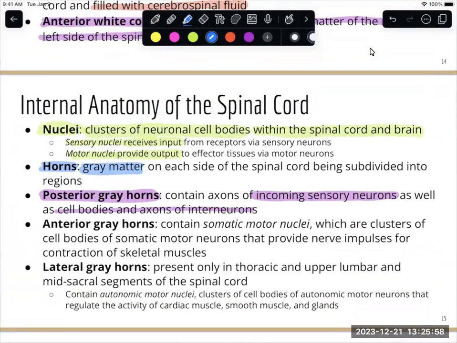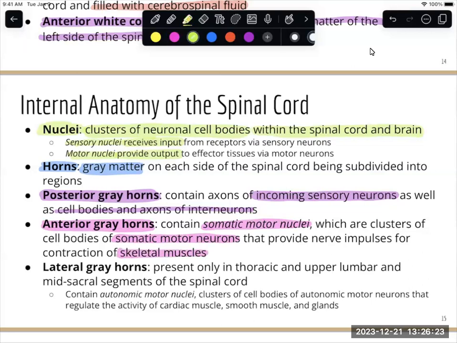Then we have the anterior gray horn. This is motor. Contains that motor nuclei. And then those motor neurons that are leaving that spinal cord to go to those skeletal muscles.